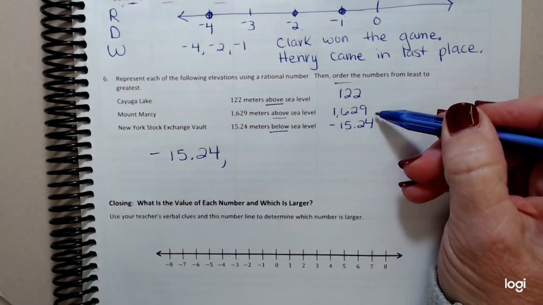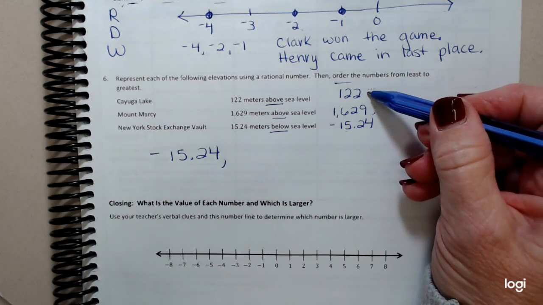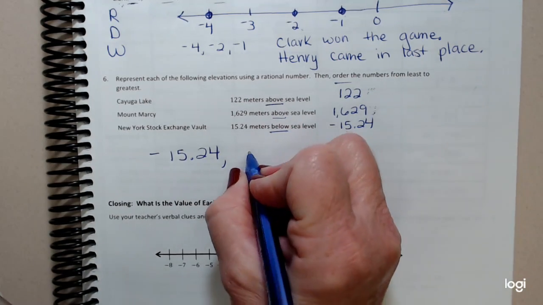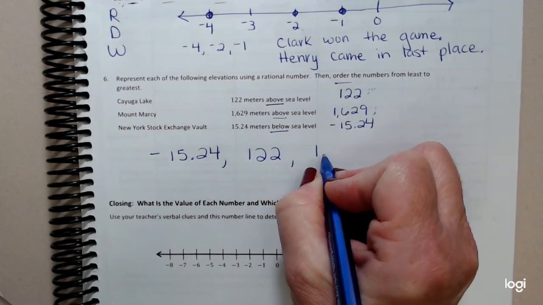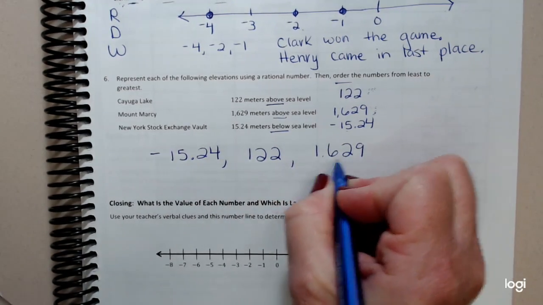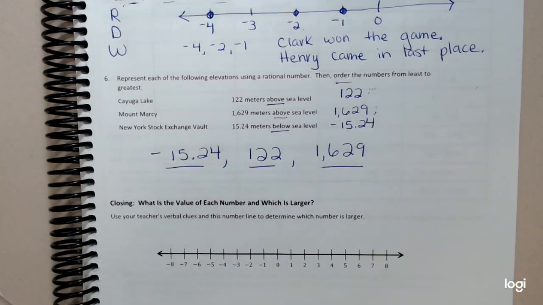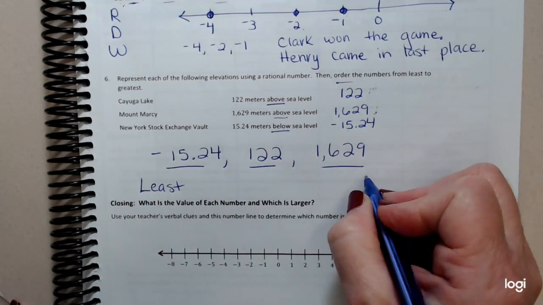Then I have to find out which one of these two is the next one that's the smallest. Is it 122 or 1,629? Well, 122 is smaller than 1,629. So I have the three numbers listed in order from least to greatest.